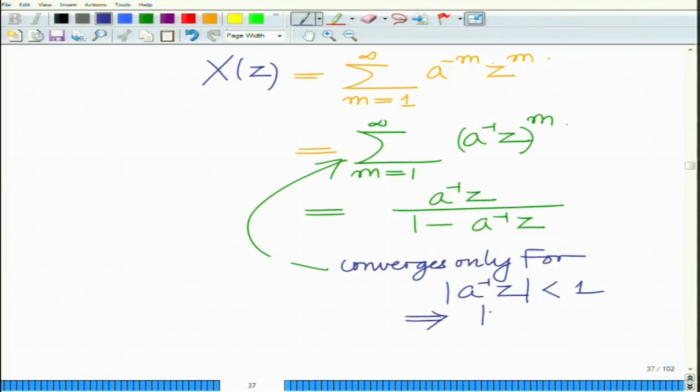This implies magnitude of z less than magnitude of a.